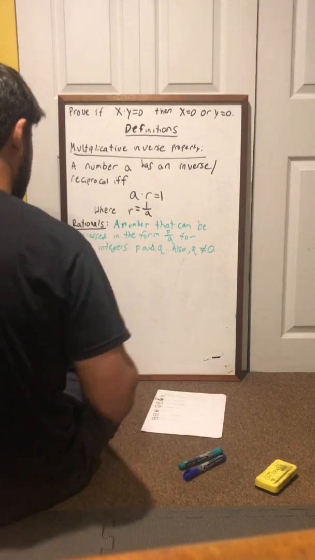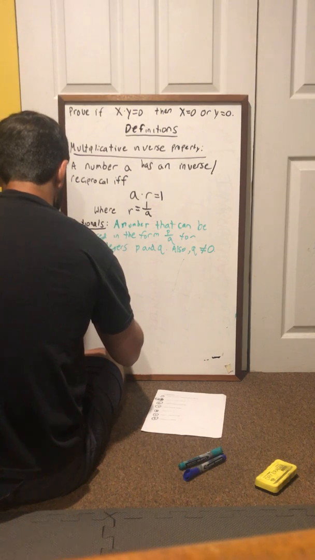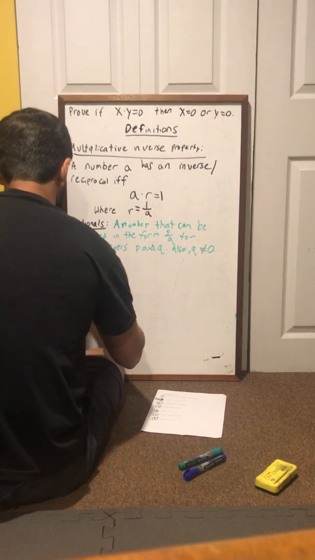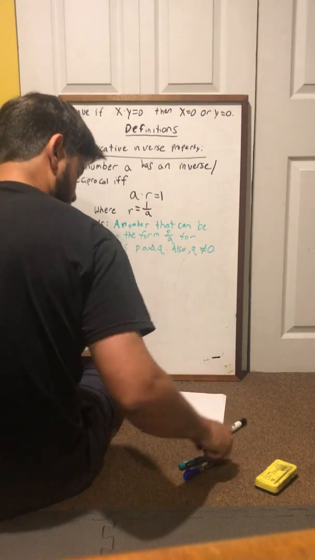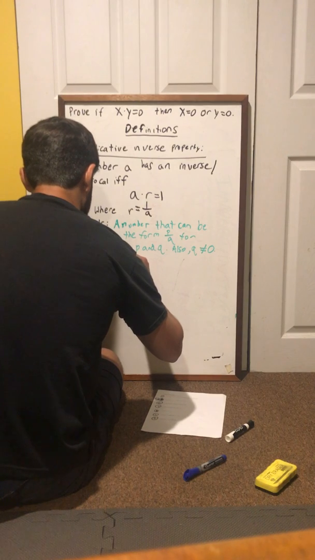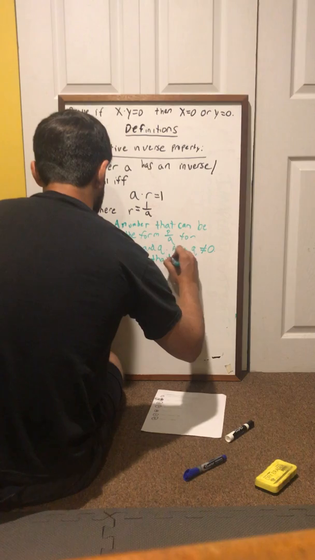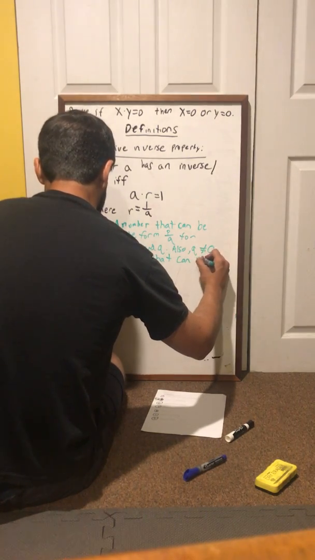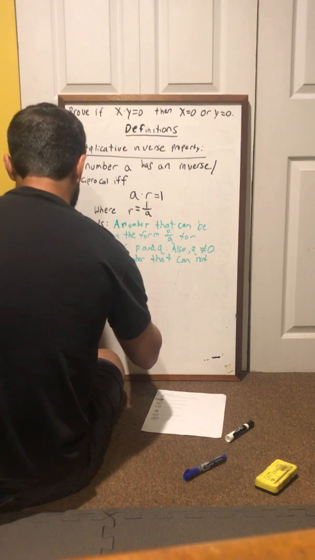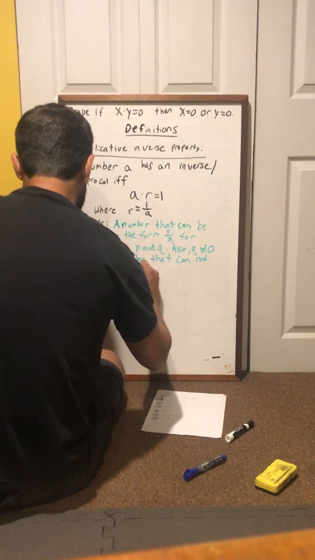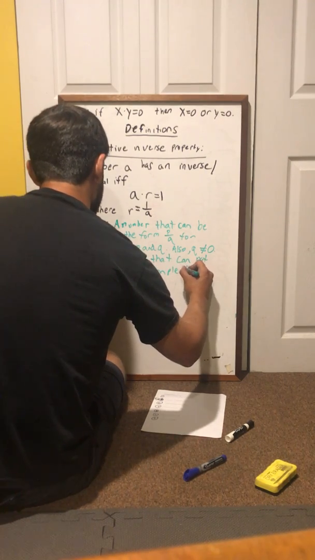Let's go through the definition of irrational. So an irrational number is a number that cannot be written as a simple fraction.